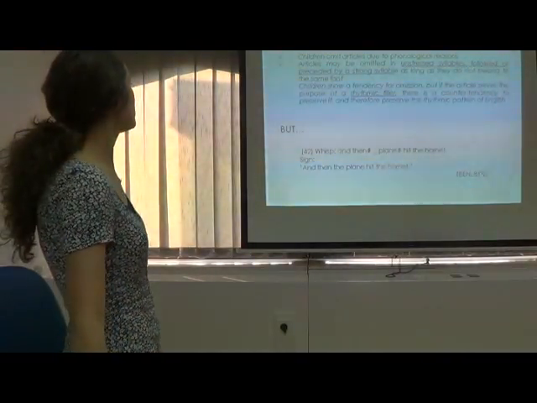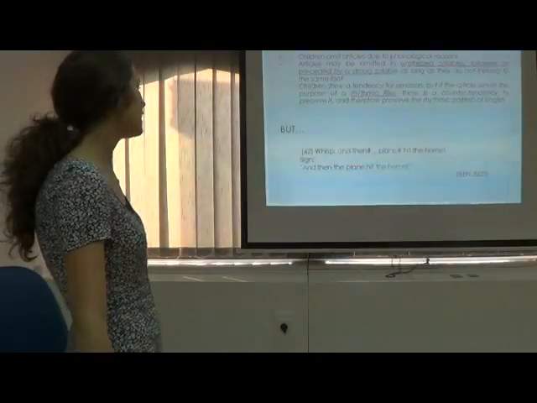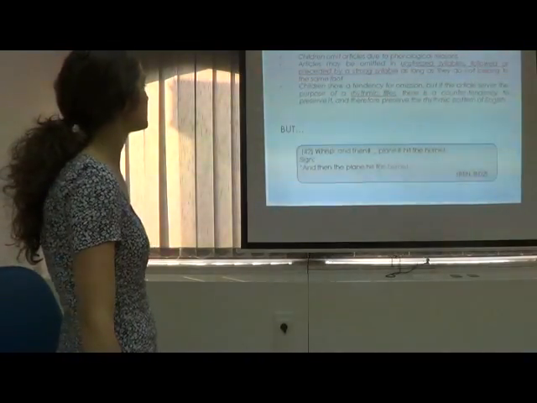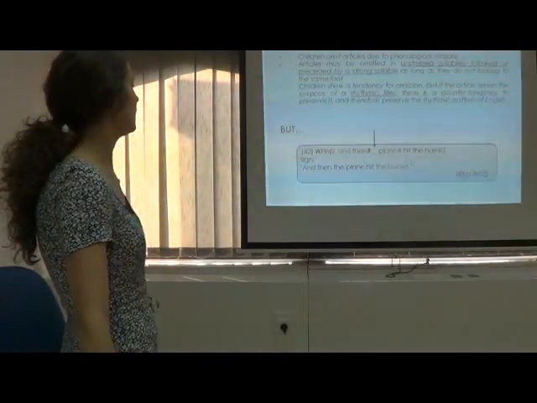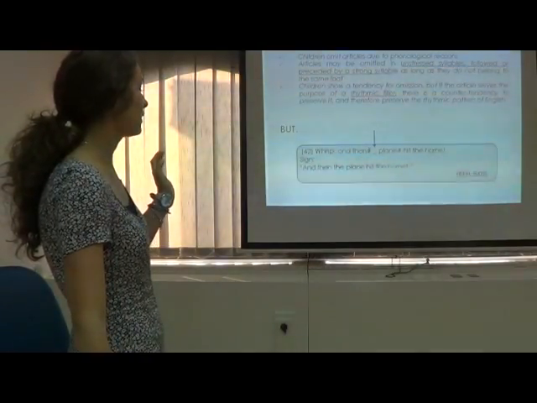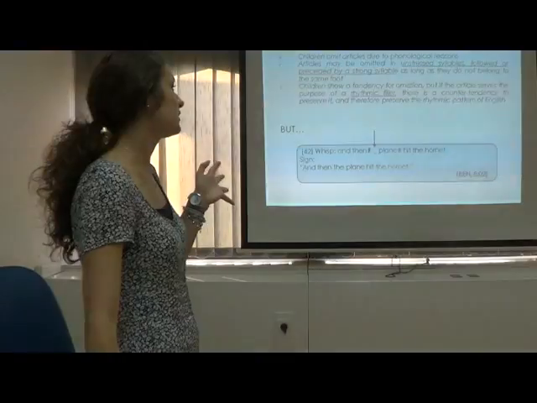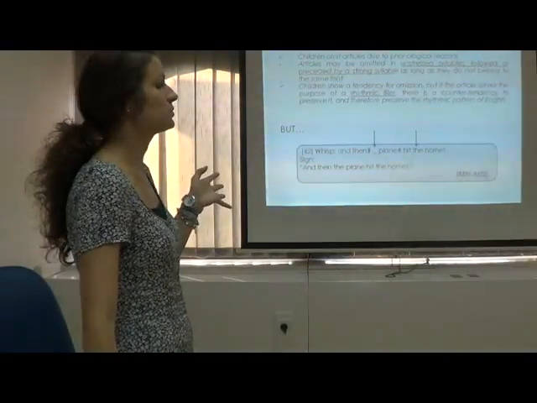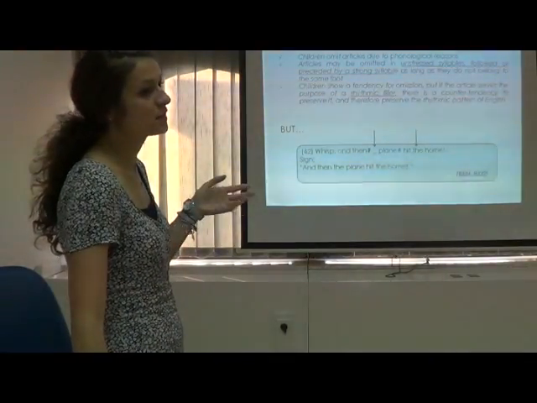But this is not the whole story, because we have examples like this one, where in the same utterance we have a child omitting the article and using it in the next clause.